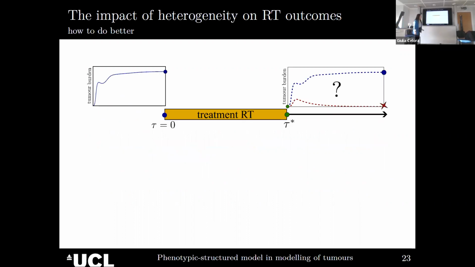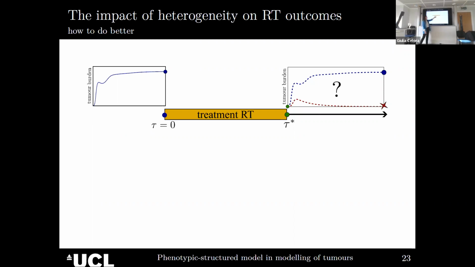Okay, perfect. In the last 10 minutes, I will switch to the last part, trying to tell you a little bit how we can use what we have learned in the first part of the talk to inform treatment strategies, specifically looking at radiotherapy. If you look at radiotherapy treatment, we have an initial tumor that is fully developed, or probably on a path towards becoming fully developed.